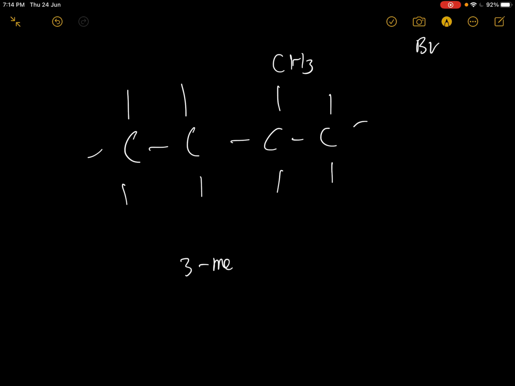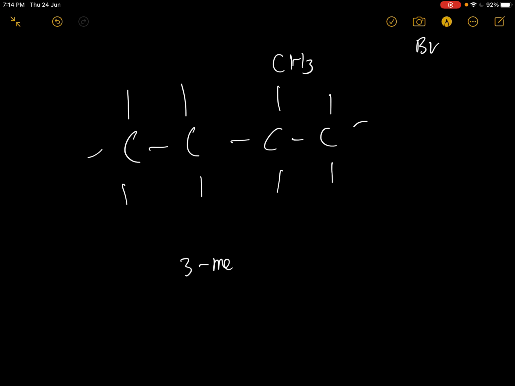But how about, let me see if there's any other examples that I can talk about. How about this? What if I put OH here? This is propan-1-ol. Weird, right?